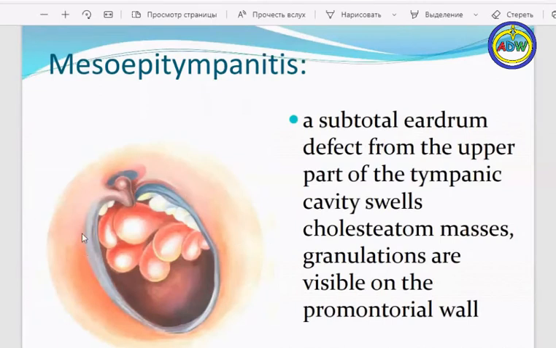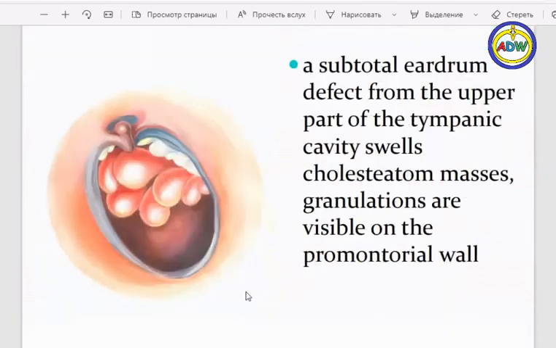In mesoepitympanitis, sometimes the tympanic membrane is absent, and only a little bit is present near the annulus. There is a subtotal eardrum defect from the upper part of the tympanic cavity. This whitish mass is cholesteatomic, and the granulation tissue or polyps are together with this epimesotympanitis.